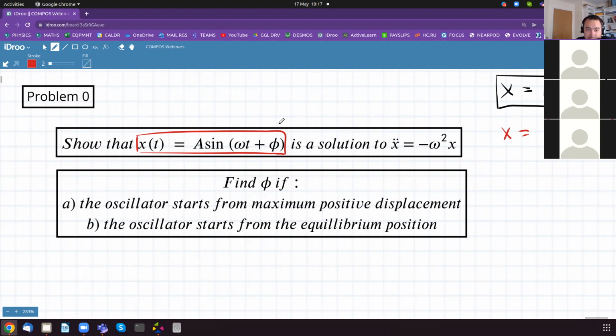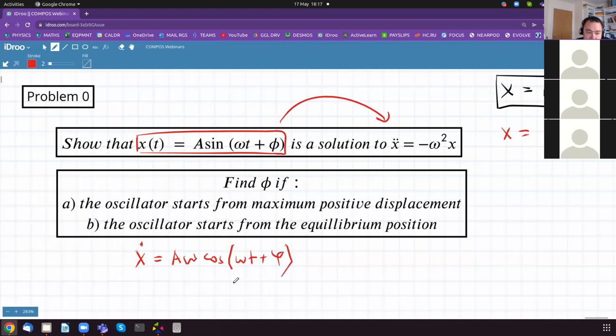Yeah, you plug it into here. And to do that, I need to find the second derivative first. So I find the first derivative, and that's a omega cos(omega t plus phi).